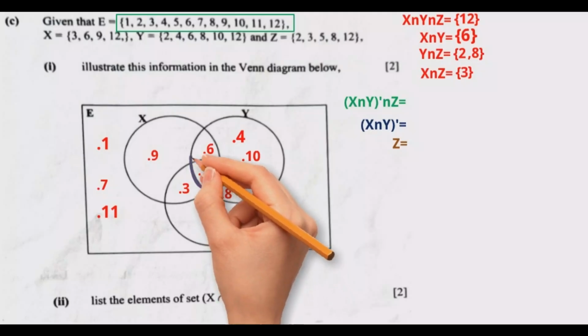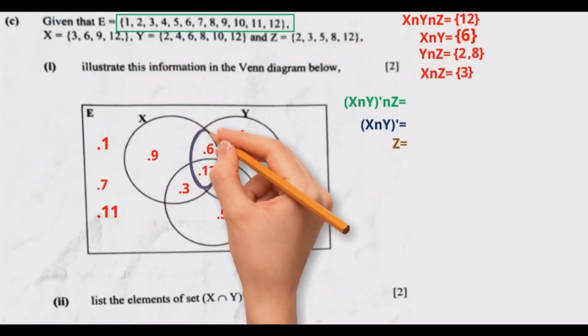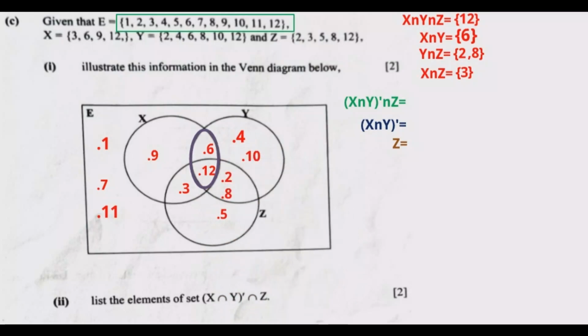These are the elements that are found in X intersection Y. Don't just look at 6, look also at X intersection Y here. That is 6 and 12. So when we are listing the members of X intersection Y complement, that means we exclude these 2 elements, 6 and 12. We exclude them. So what are we going to have?